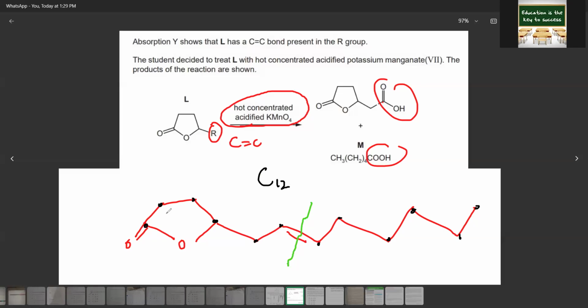How many hydrogens are there? When we count the number of hydrogens, this does not have any hydrogen. This will have 2, 4, 5, 6, 7. This will have 8, 9, 10, 11, 12, 13, 14, 15, 16, 17, 18, 19, 20. So this will give 20 hydrogen. So C12H20.